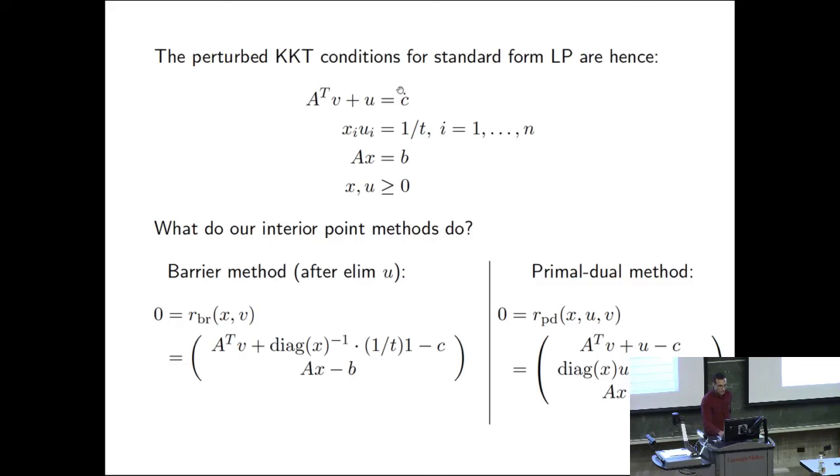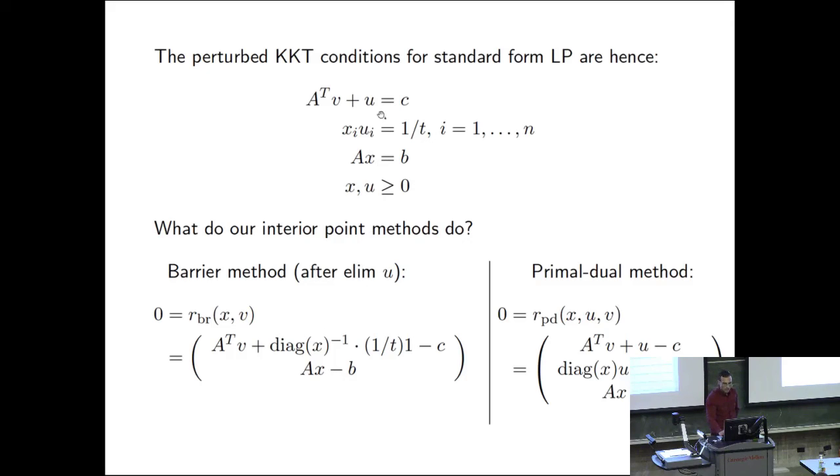They take this nonlinear system, because I have the product xi ui, and they solve it with Newton's method in different ways. The barrier method eliminates u, so it substitutes in for u: ui is 1 over t times xi. And it tries to solve this nonlinear system. We're going to maintain these positivity constraints always through backtracking and initialization.